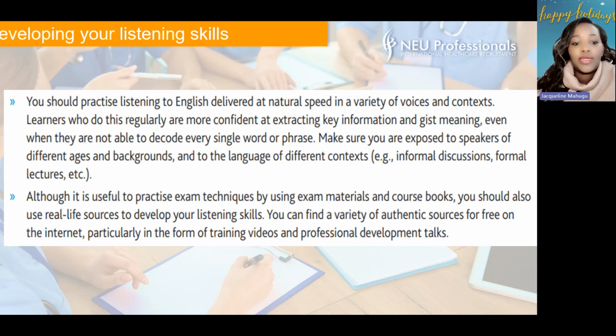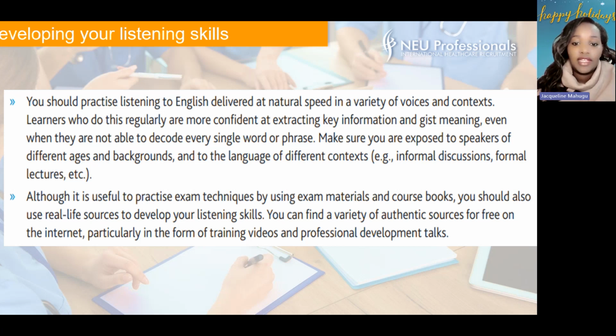Then we're told, and this is really important, and I've said it many times: although it is useful to practice exam techniques by using exam materials and course books, you should also use real life sources to develop your listening skills.